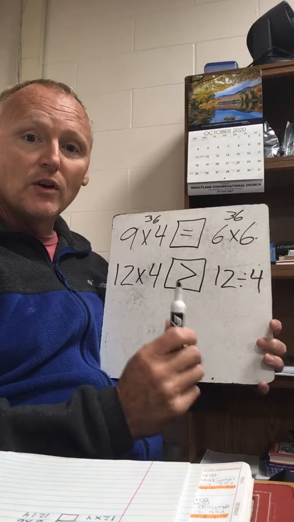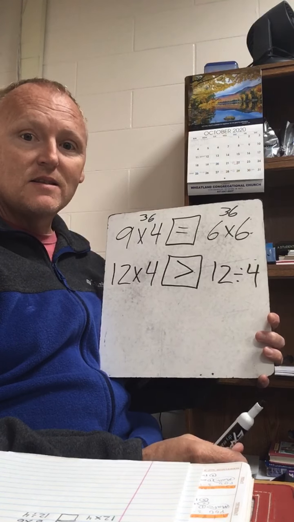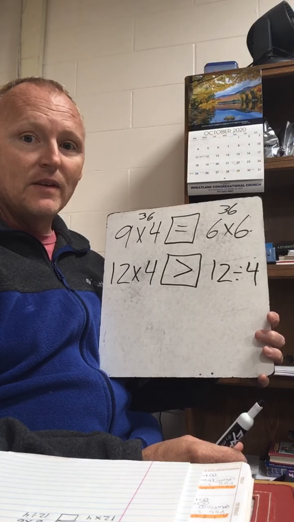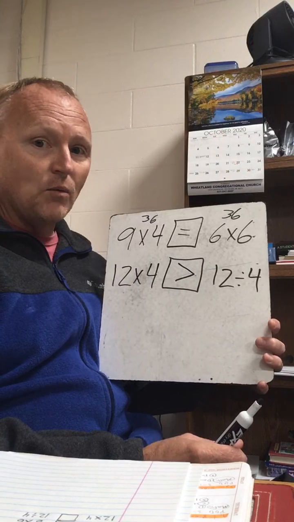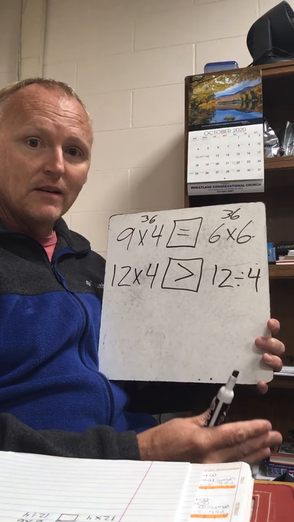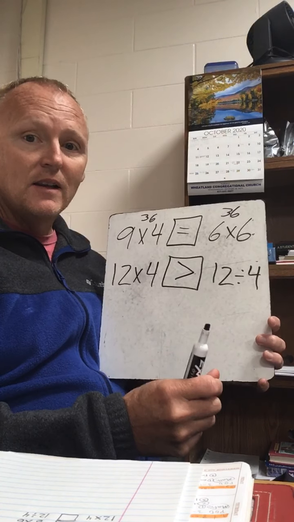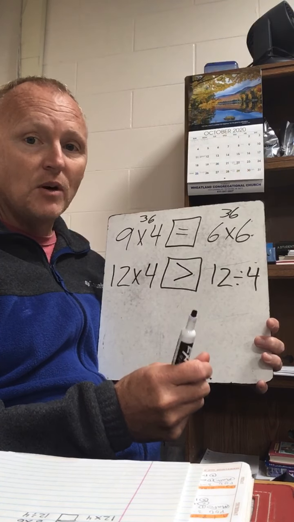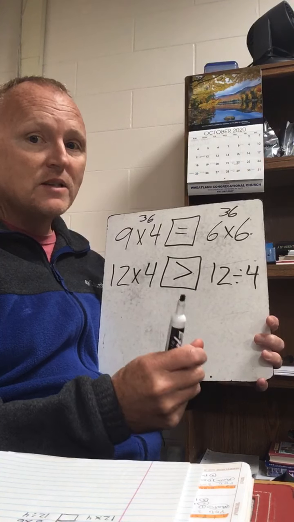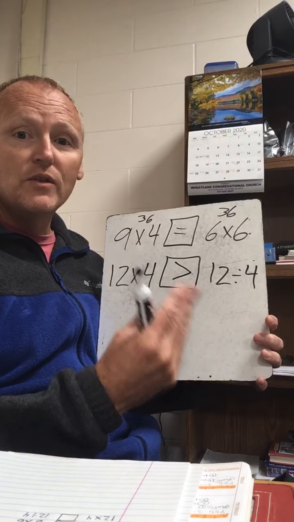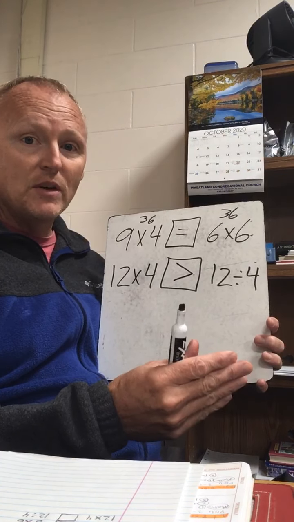Okay, now if you don't know your basic facts, study them. If you have studied in one way and it's not working for you, find a different method. But that is the most important thing in third grade math, is to make sure you know all of your basic multiplication facts between 0 and 9. If you do that, it's going to make your life so much easier.